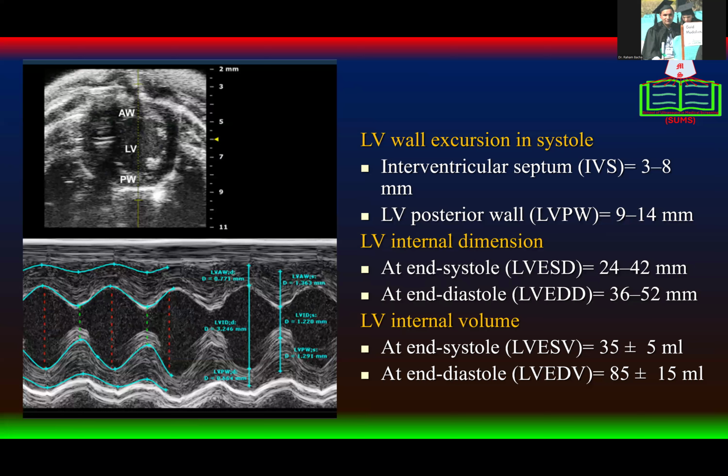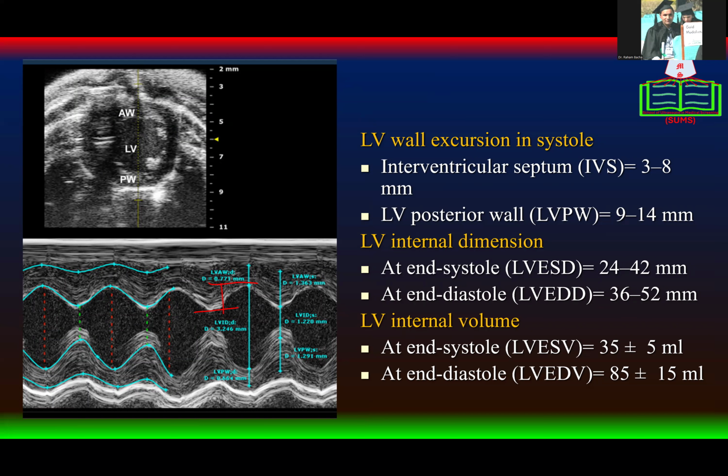Similarly, the left ventricular wall excursion in systole. The interventricular septum excursion is a movement from the normal path or from the straight path. So the distance in between these two horizontal lines is the interventricular septum excursion, and it should be 3 to 8 millimeter.